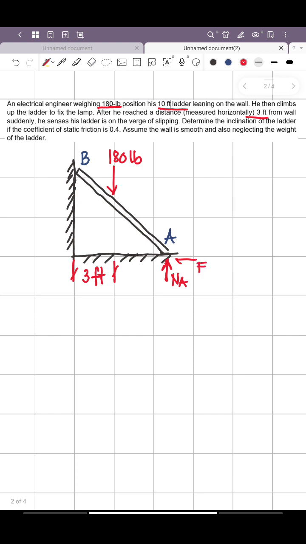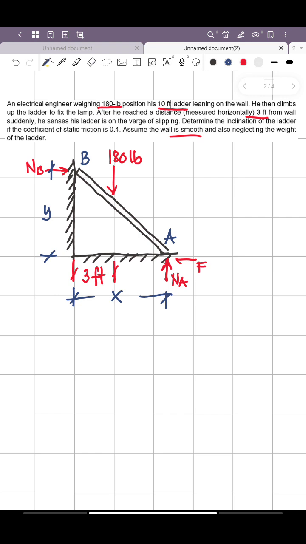Then we have this normal force at B. But we don't have the friction force at B because we assume the wall is smooth. So now, paano natin ito solve? Yung height natin, this is your Y. Then yung distance ng bottom of the ladder to the wall, that is your X.